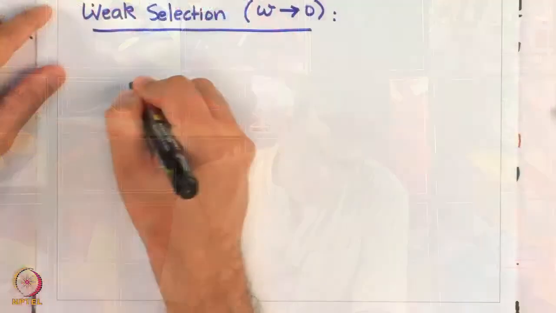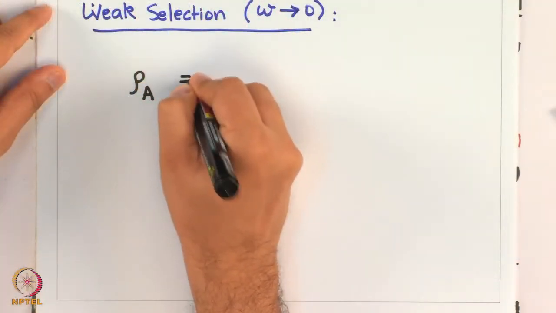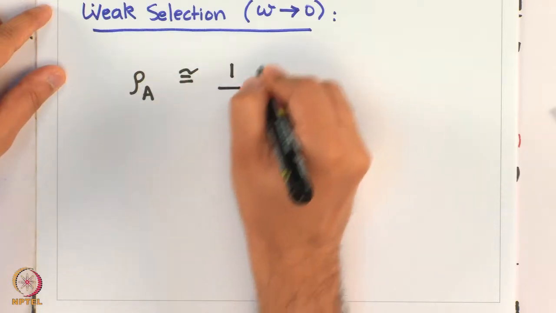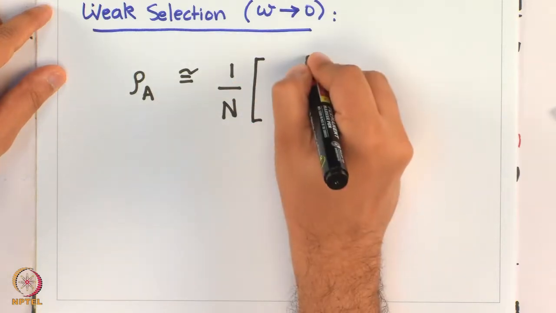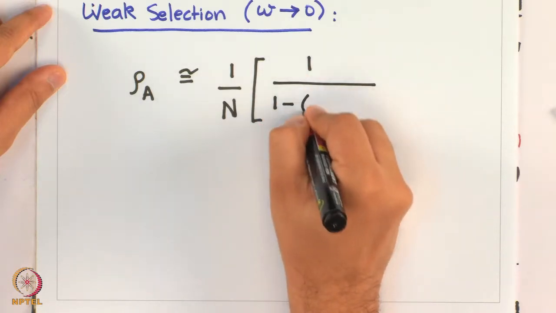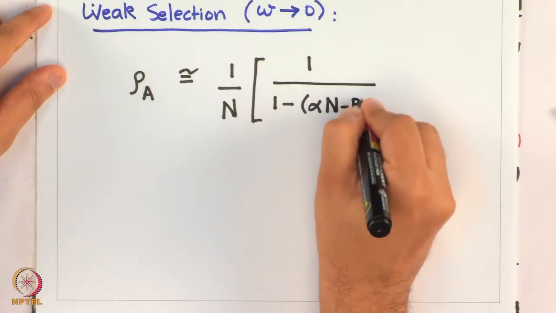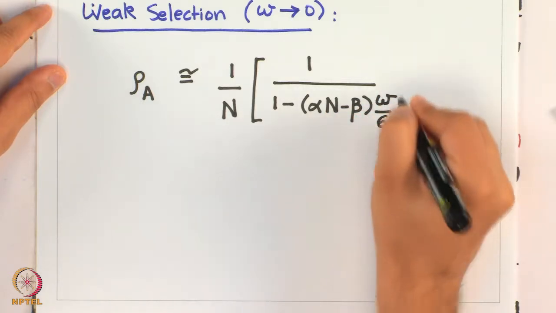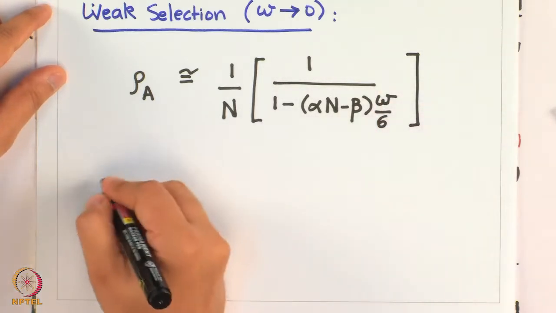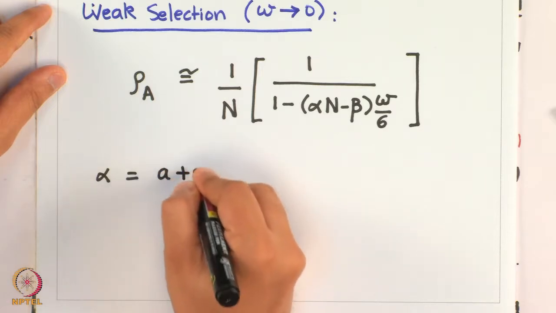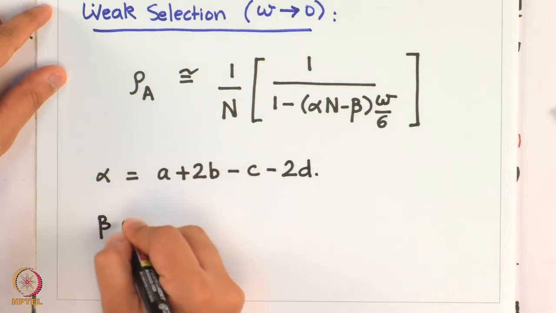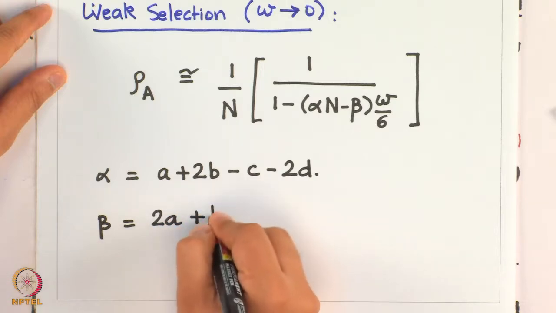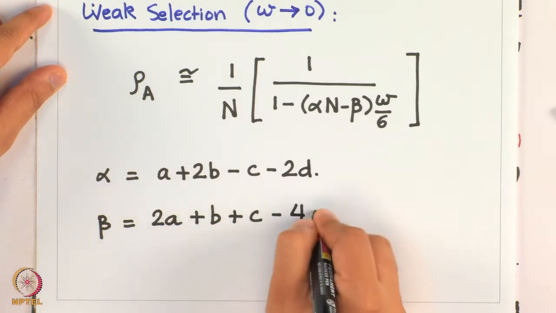It can be shown that this probability, called rho A, as an approximation under the regime omega approaching 0, is just equal to 1 by n times (1 minus (alpha n minus beta) times omega by 6), where alpha is equal to a plus 2b minus c minus 2d and beta is equal to 2a plus b plus c minus 4d.